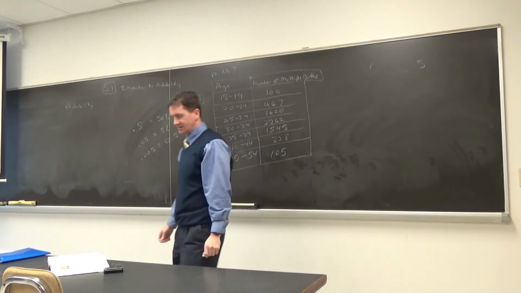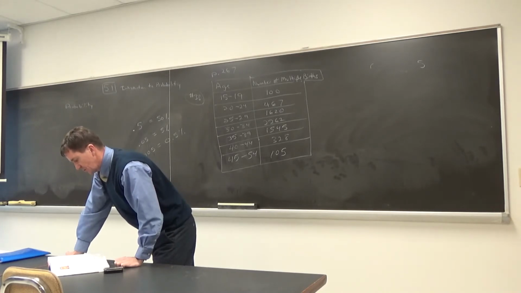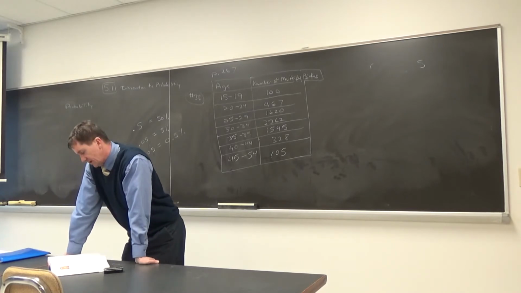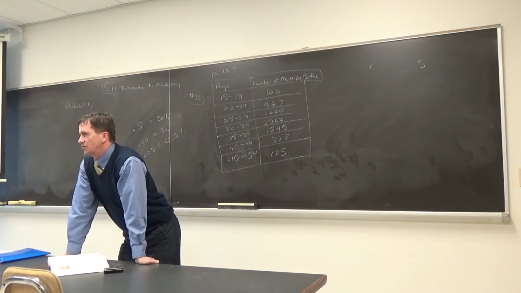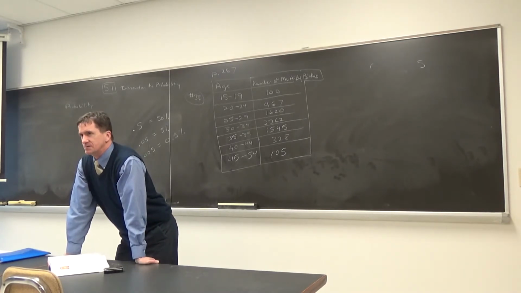What was that? Is that per 100,000? It doesn't tell you that. No. Hey, this source, everyone, was the National Vital Statistics Report in August of 2010. So it is national, so they're talking about the United States. These are multiple births, United States, 3 or more babies at once.